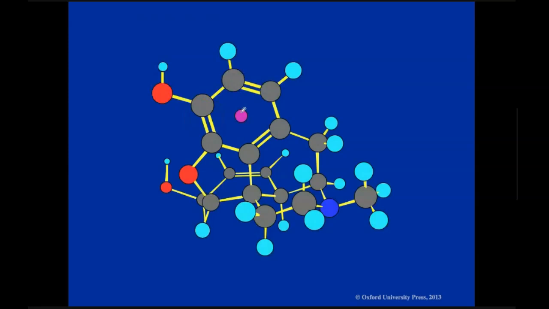So here this phenyl ring, here we have the oxygen atom, and here we have the nitrogen.